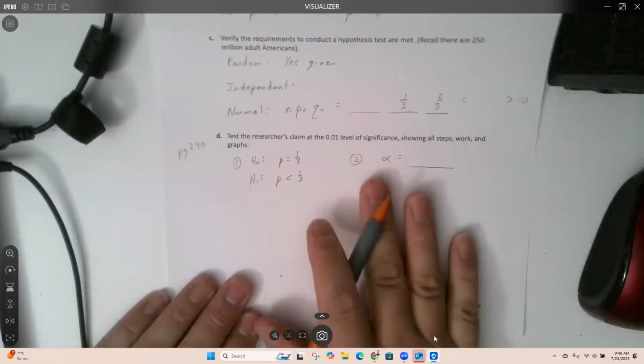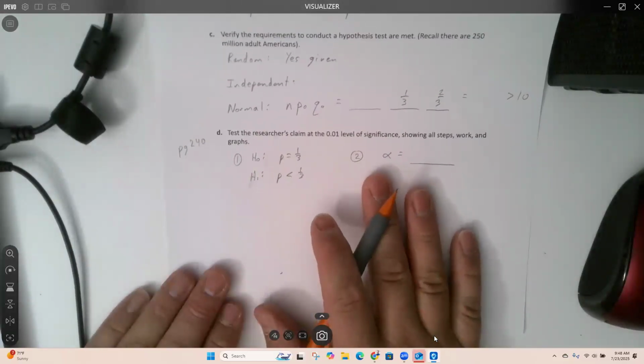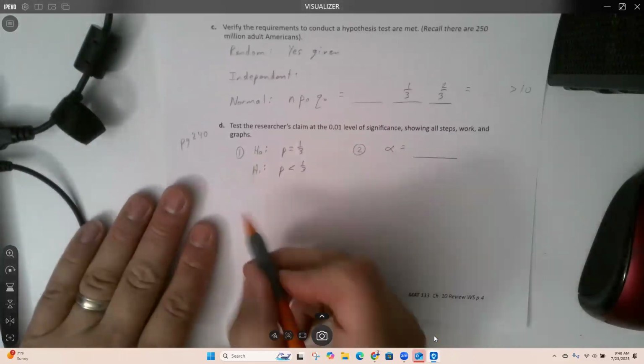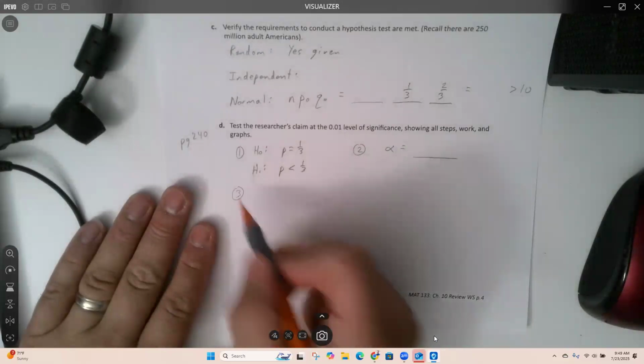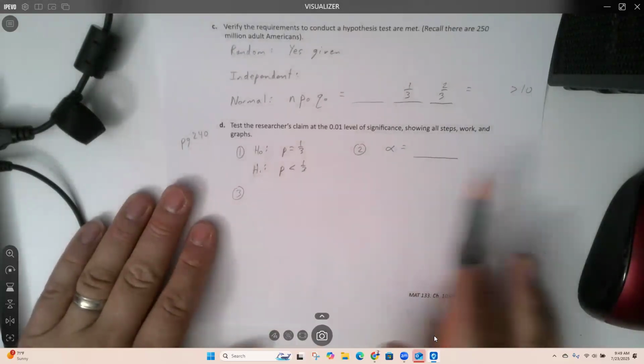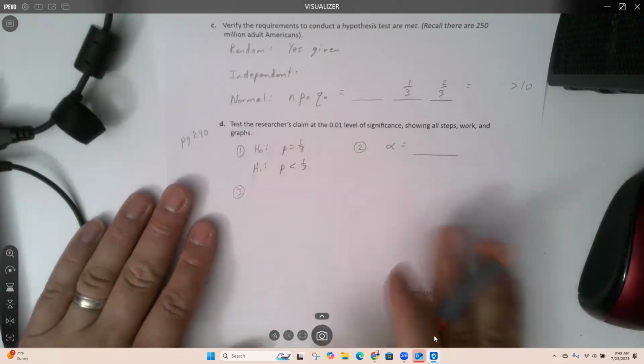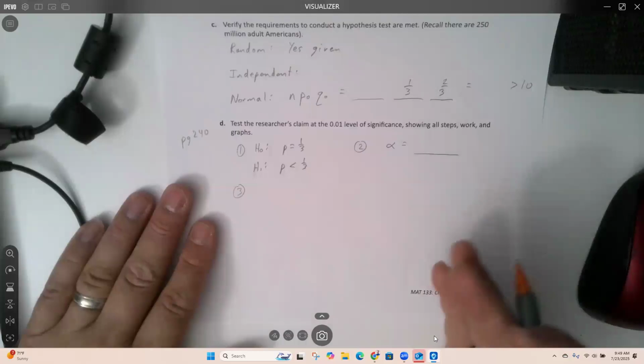And when you're picking an alpha in the real world, you need to do it before the experiment, because if you do your hypothesis testing, you do your sampling, you do everything, and when you get to the end you have a p-value of, let's say, 0.02, 2%.